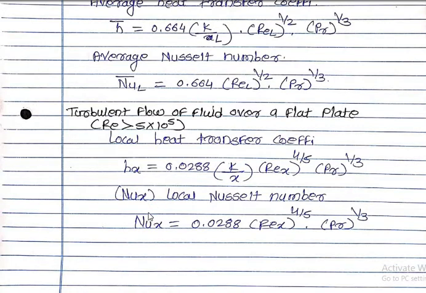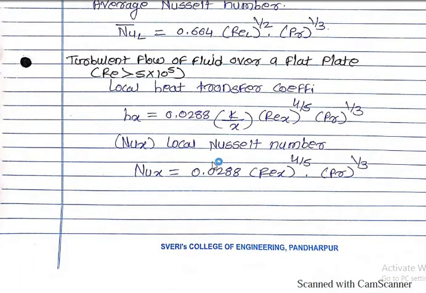Now next is the Nusselt number. Local Nusselt number we can find out by using the same correlation.